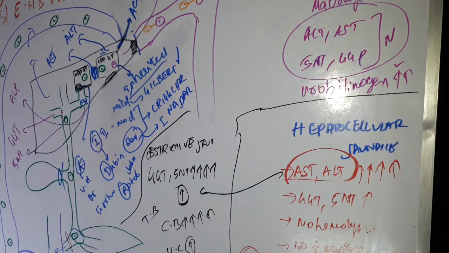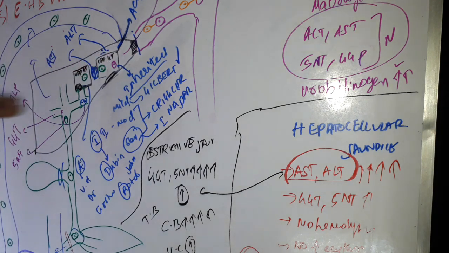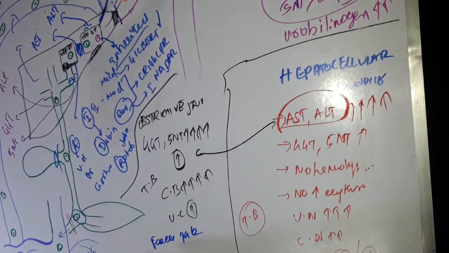As I said, conjugated bilirubin is water soluble. Unconjugated bilirubin is not water soluble, it is lipid soluble. To make it water soluble, we glucuronidate it, and now it becomes water soluble and is easily excreted into our urine. So what happens in obstructive jaundice is the urine becomes darker in color. So pale feces and dark urine are characteristic signs of obstructive jaundice.